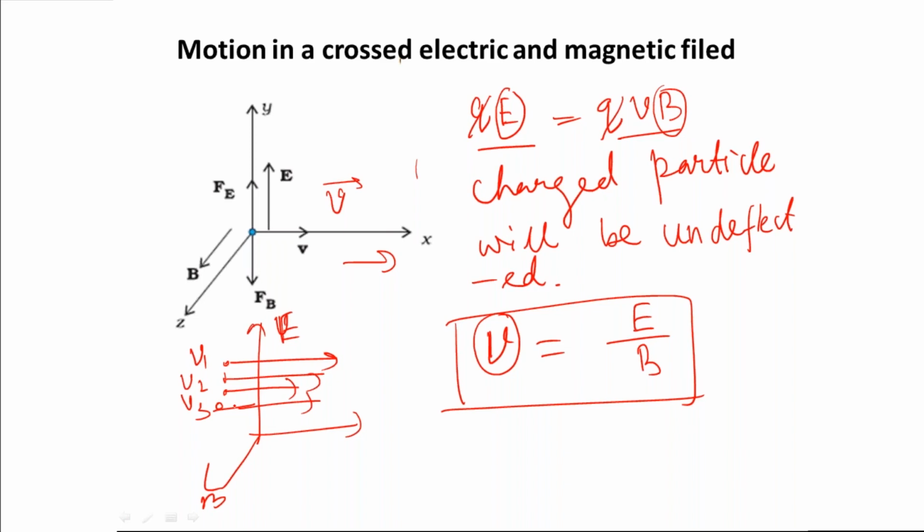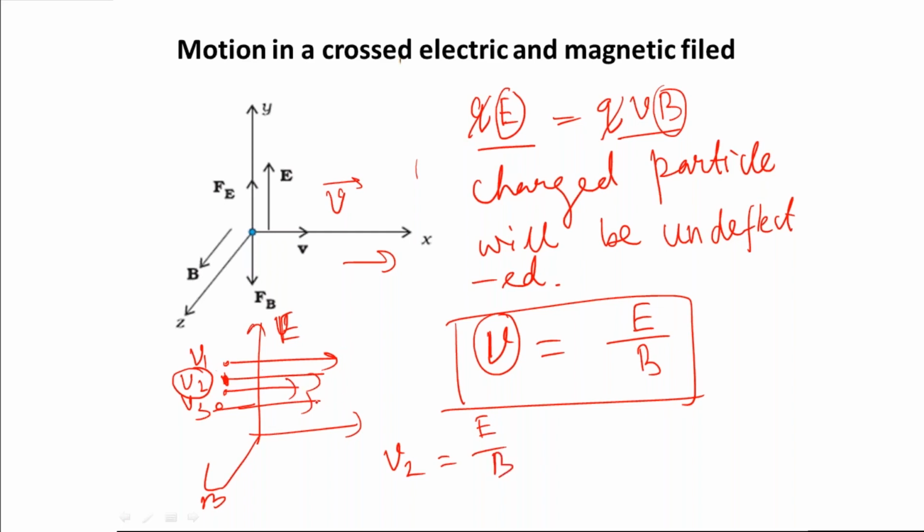Suppose the charged particle 2 has velocity v2 equal to E by B. So in that case, all other charged particles v1, v3, v5, everyone will be deflected, depending on the strength of these two forces.